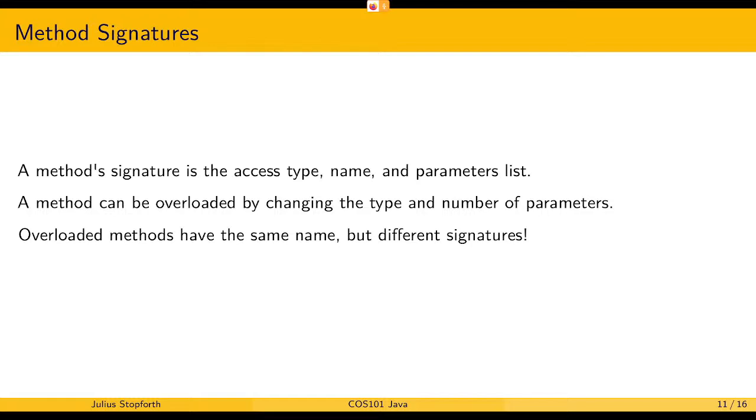Okay. So this idea that we can call multiple methods by the same name, but perhaps have different parameters, is the idea of method overloading. So it's called method overloading. Later on, when we do inheritance, we will talk about something called overriding methods. So be very careful when you're learning or studying this. Method overloading is when we have multiple methods with the same name, but a different type and number of parameters.